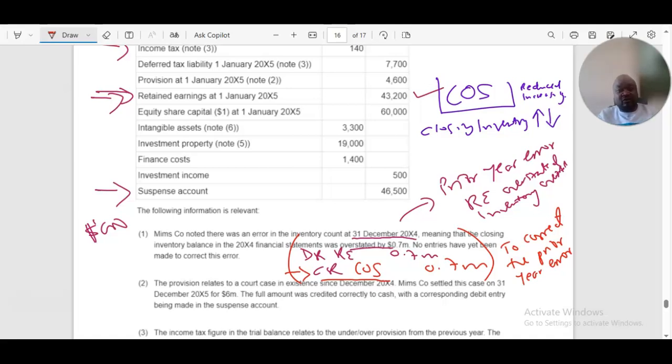When the closing inventory was overstated, the cost of sales was reduced. So we need to credit the cost of sales, to reduce it so that this current year should benefit. In the previous year, we did not benefit because there were extra costs. So in the current year, we need to benefit. The costs have to be reduced.